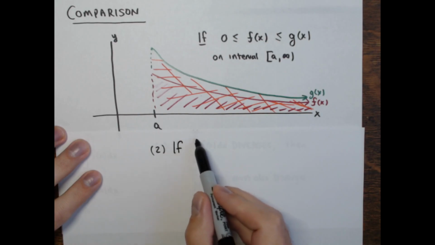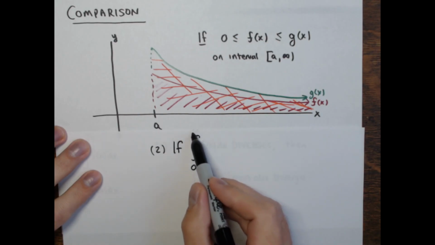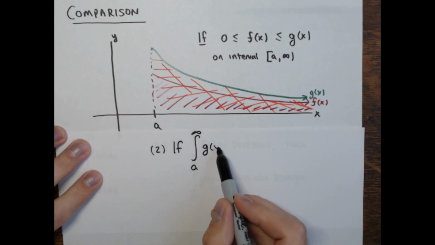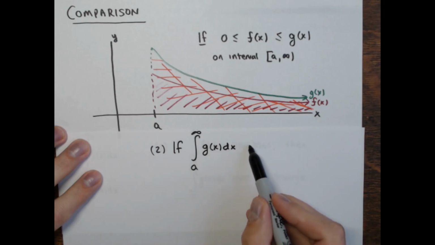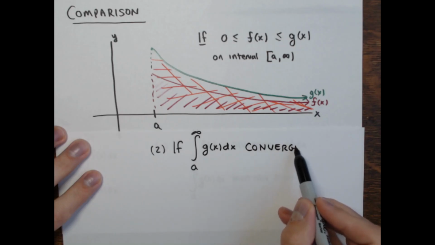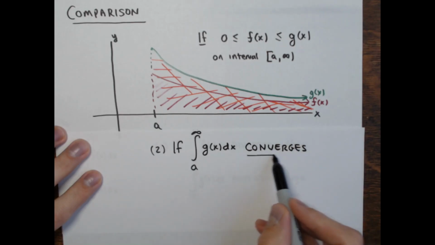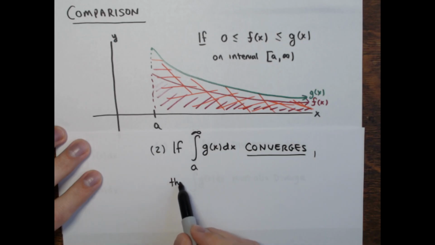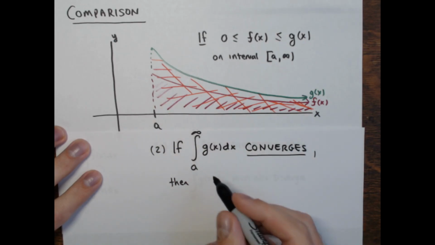Right? So if the area under the larger function g converges, then the area under the smaller function, the lower function, must also converge.